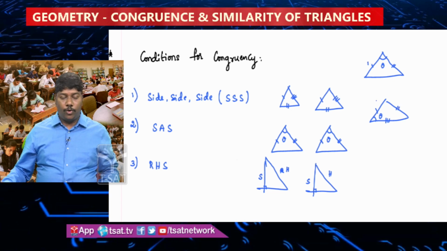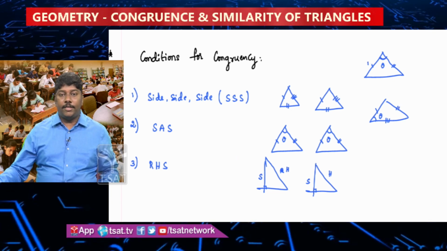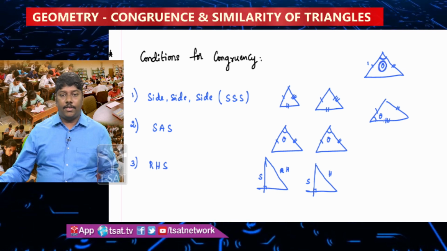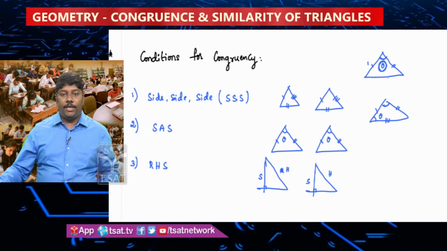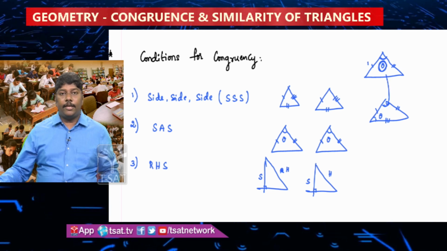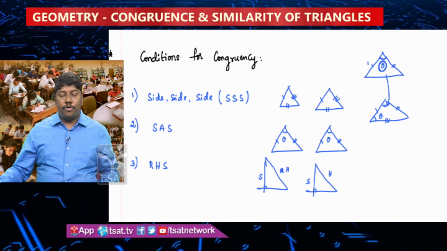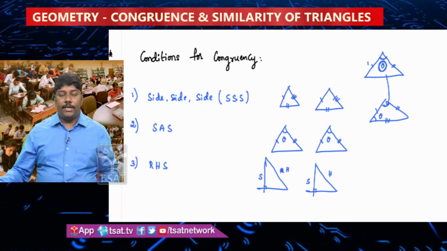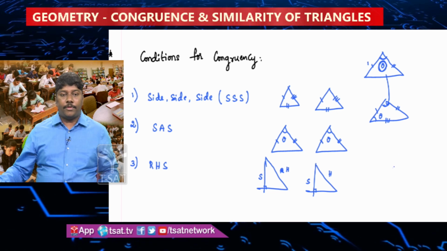Here two sides are equal, their respective angle is not equal. This is in between 1 and 2, this is in between 1 and 3. So here I want this angle to be equal to theta, not the angle which is in between 1 and 3. So make sure the corresponding or respective angle must be equal in case of SAS.